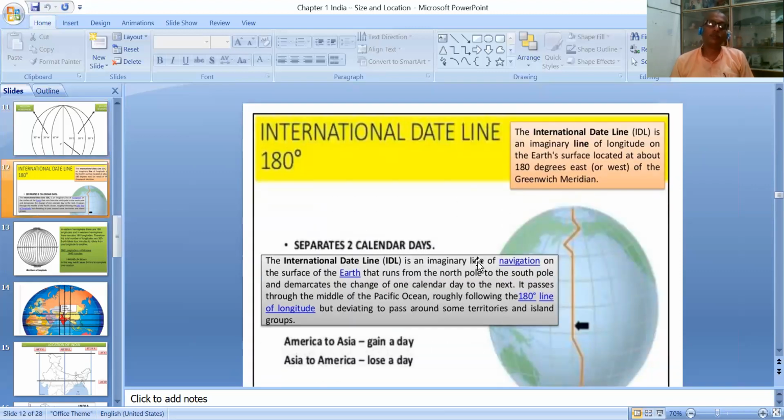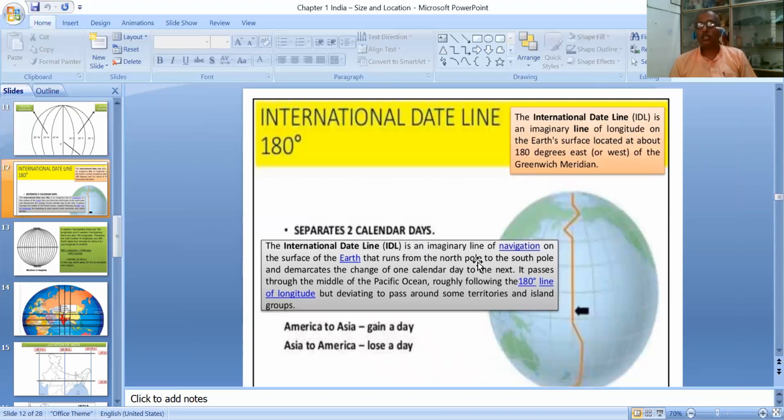Another important piece of information is how the dates are considered in the world. This is very interesting, and it is called the IDL, the International Date Line.